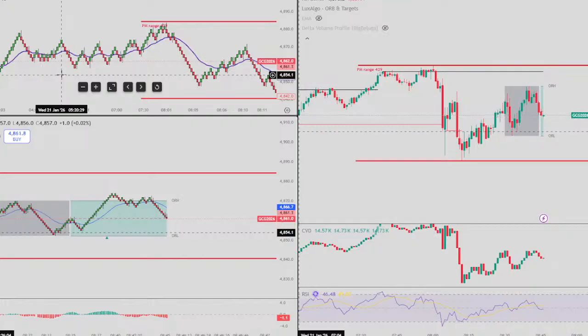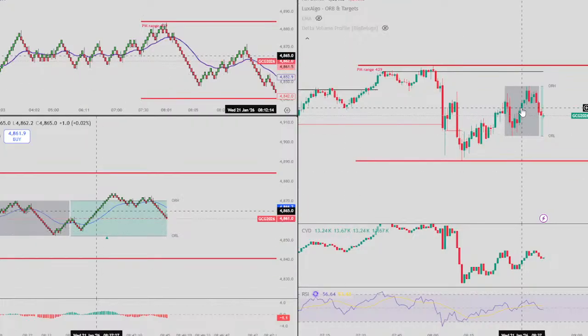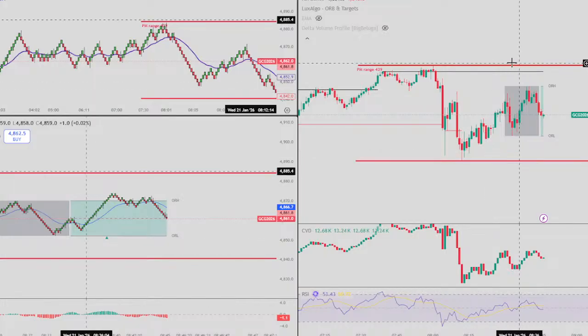There's your 15-minute range. A nice tight 15-minute range within our pre-market.